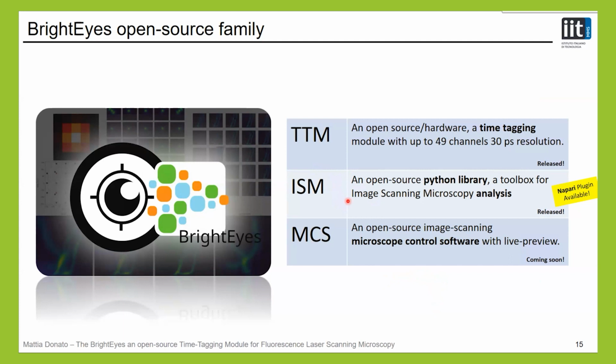It also has a Napari plugin available. So in theory, ideally, you can just open the data with Napari and do the analysis directly from the graphical interface. Then there is also BrightEyes-MCS, an open source image scanning microscope control software with live preview, but at the moment it is still not released; we want to release it soon.